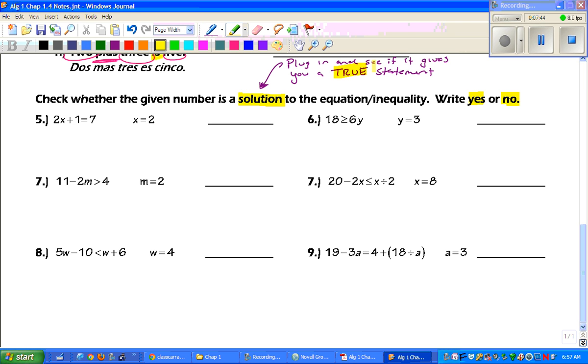So we want this to be true. Now, when we do this, wherever your symbol is, you're going to draw a line.